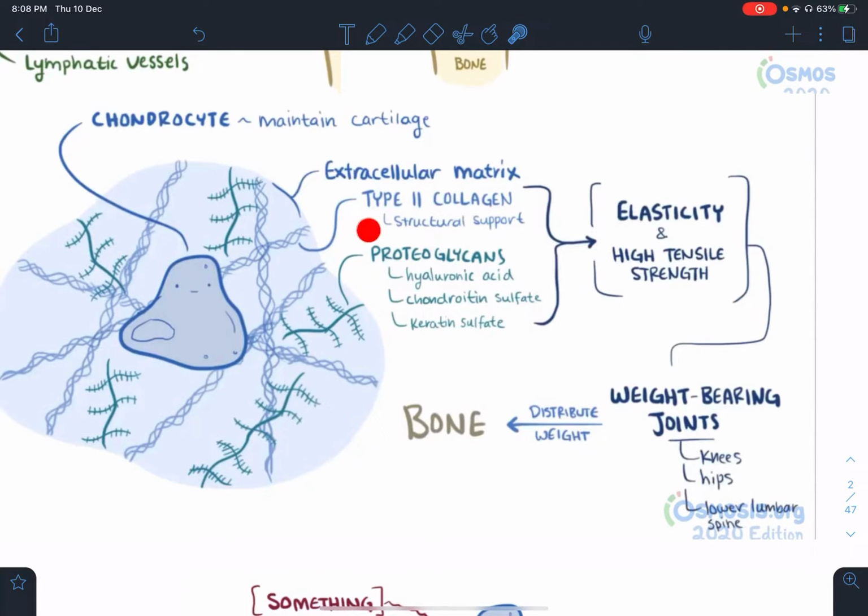Here, among the fibers, we have type 2 collagen providing structural support. Remember that the hyaline cartilage, the chondrocytes, have type 2 collagen. They're not having type 1 collagen. It plays a role in the pathogenesis.